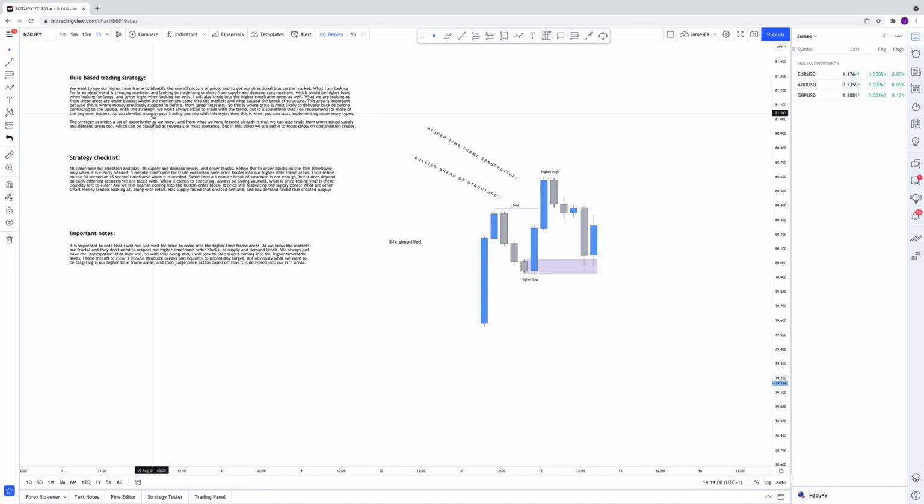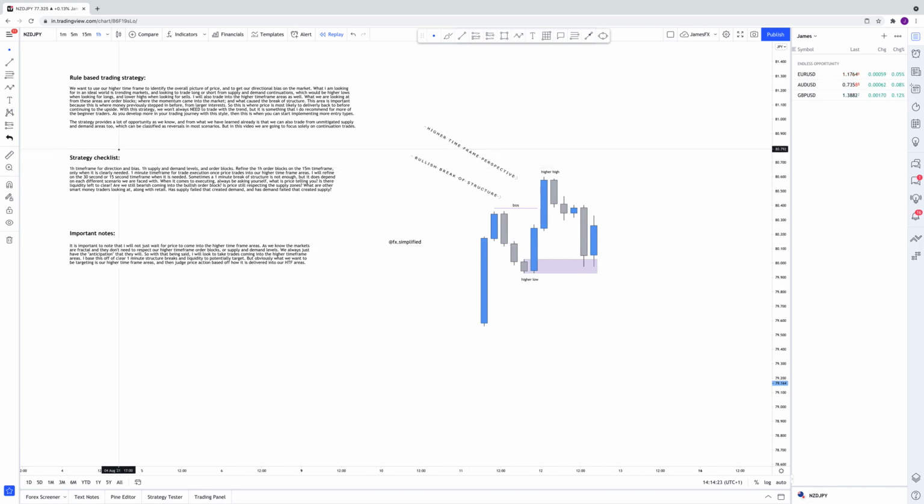So that's why I recommend, if you're a beginner, try and keep with the trend, and as you develop more in your trading journey, then this is when you can start implementing the various different entry types, which would be reversals and unmitigated areas of supply and demand and order blocks.